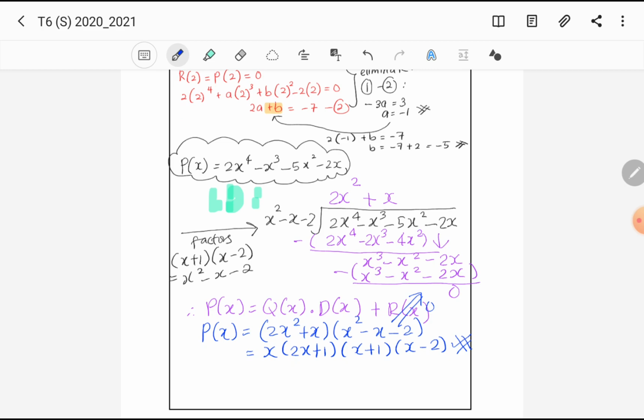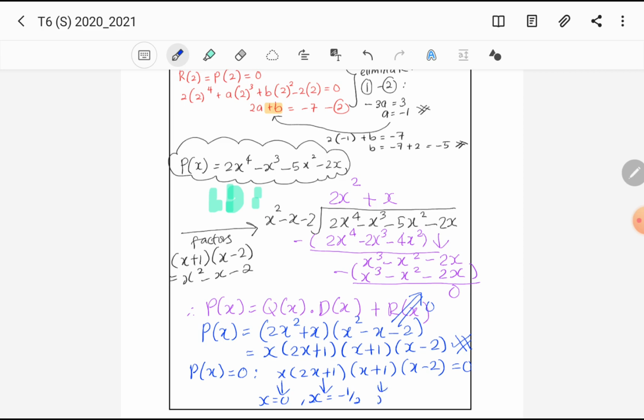Okay, next. Hence state the factors, roots and zeros. So to find factors, to find the roots and zeros, kita kena set px sama dengan kosong. So px equals to 0. So kita akan dapat x, 2x plus 1, x plus 1, x minus 2 equals to 0. So from here, you akan dapat x equals 0. From here, x equals to negative half.